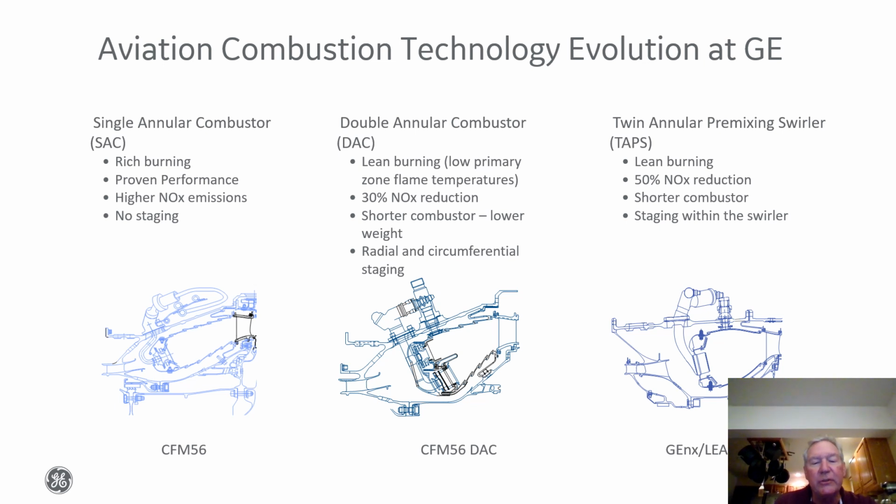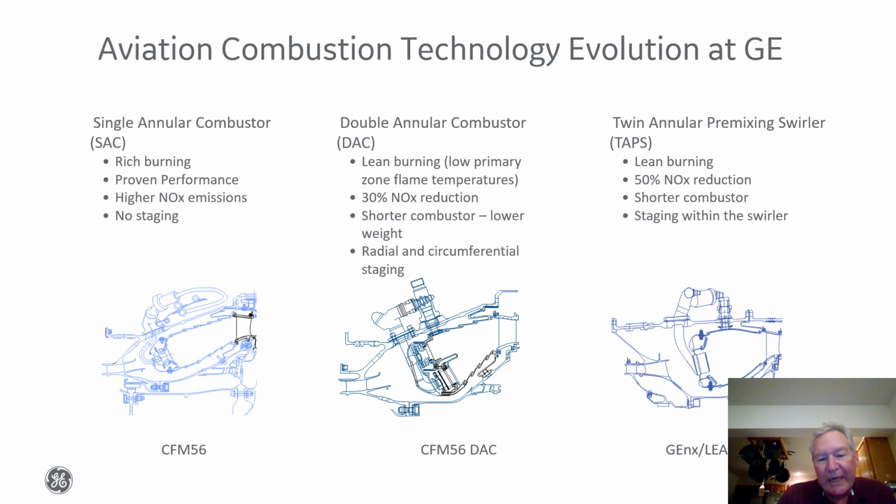This is a chart showing the technology evolution at GE. So I talked about the furthest to the left and the furthest to the right, but we've actually looked at other strategies aside from just the lean burn and the rich burn.